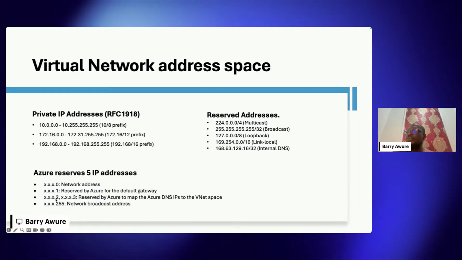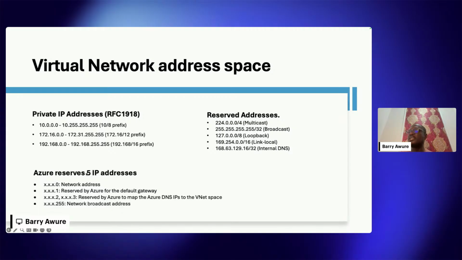And then .2 and .3 are also reserved by Azure to map to your Azure DNS, while the 255 of it is assigned to your broadcast address.